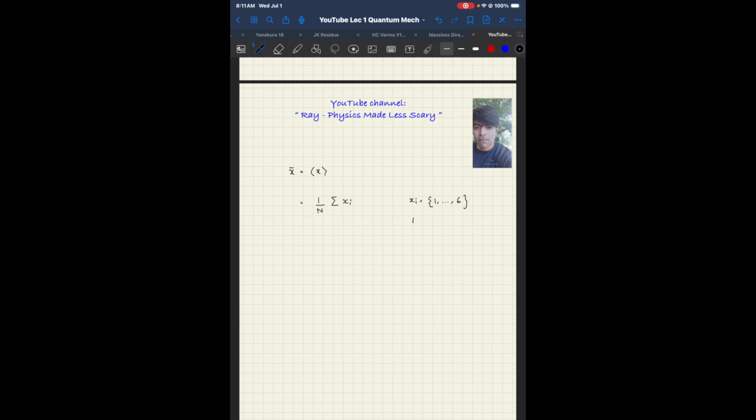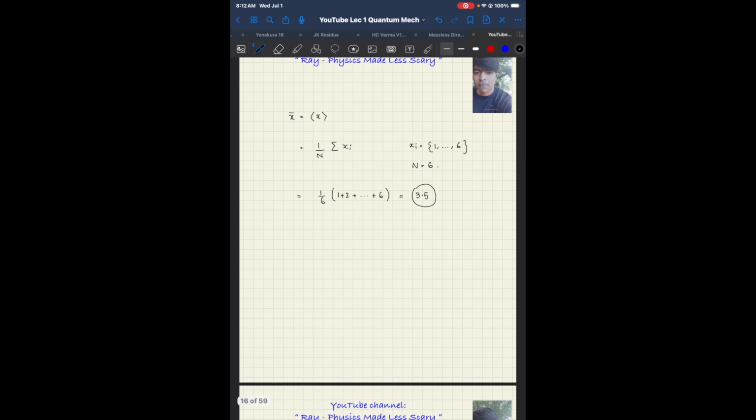Of course, n is 6. So this is immediate. This is 1/6 times (1 plus 2 plus up to 6). And you can calculate and show that this is actually 3.5. This is the mean value. Not hard, right? It's very simple.